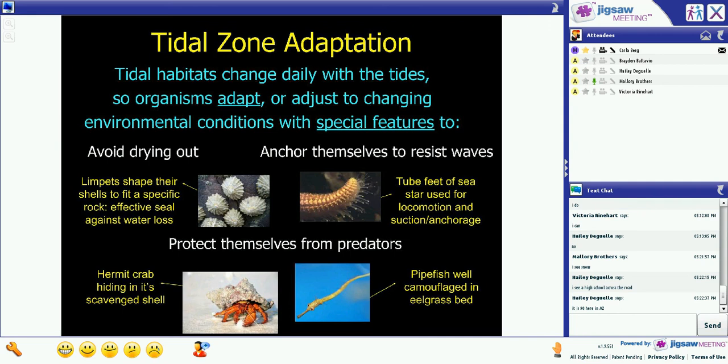Limpets shape the body, the shell, to fit a specific rock. Effective seal against water loss.